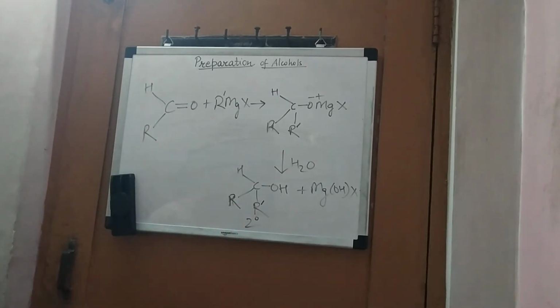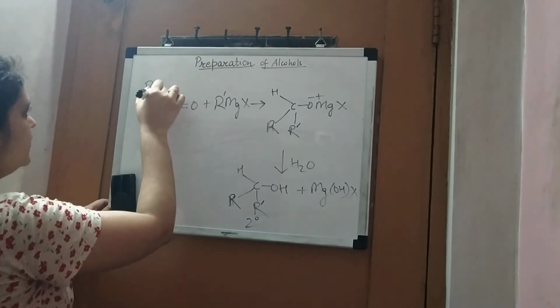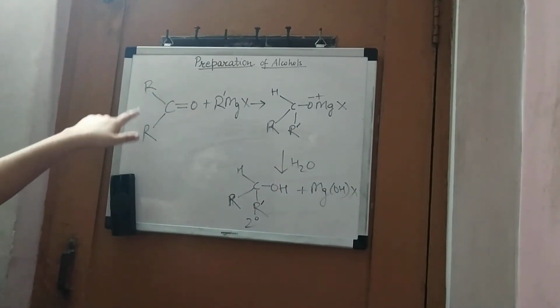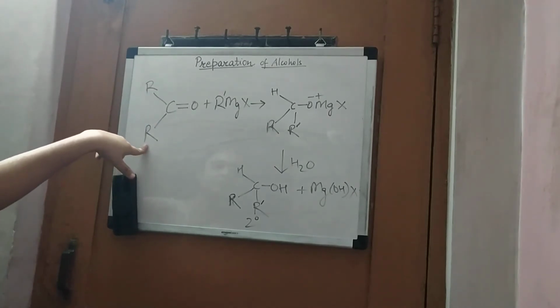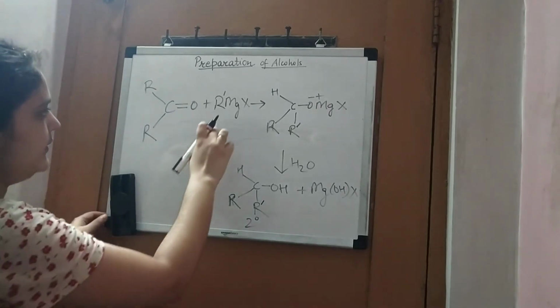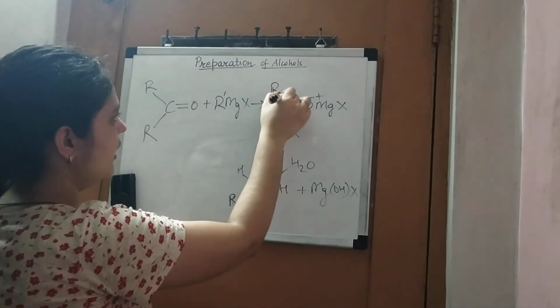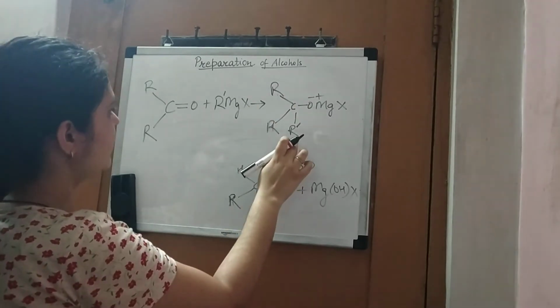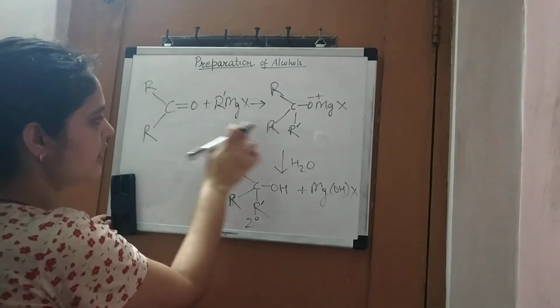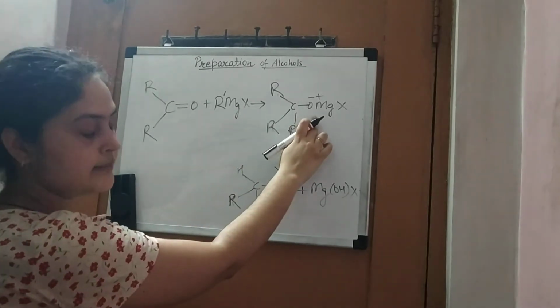Now let us see what we get with ketones. This is a ketone in which both alkyl groups are present on the carbonyl group, and this is R'. So here R, R, and this R' is attached to this carbonyl carbon, and MgX is attached to oxygen.